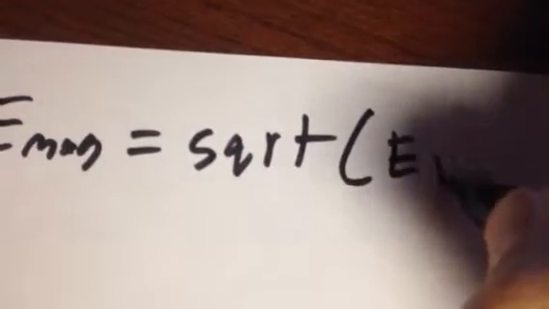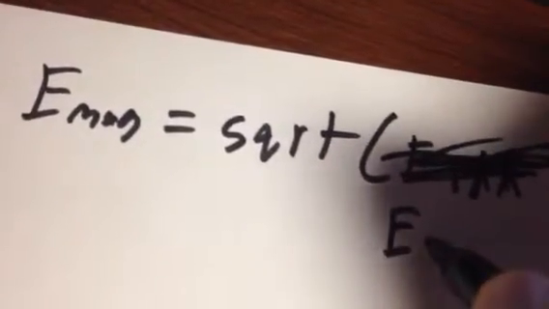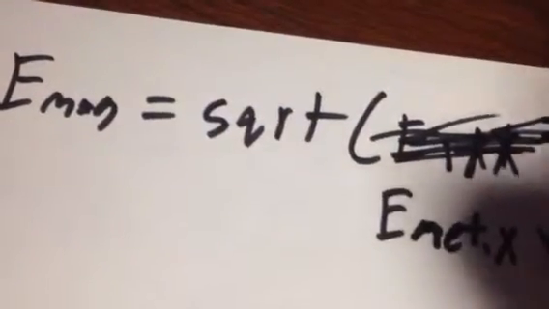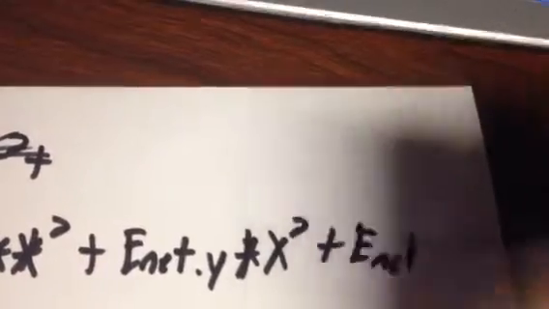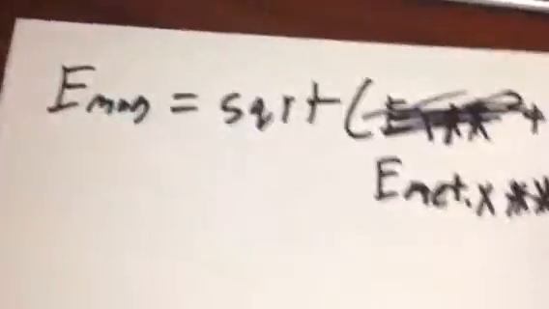So it's going to be Enet, the x component squared, plus Enet y component squared, plus Enet z component squared. And that will give you the magnitude of Enet. Sorry, Emag is what we wrote here.